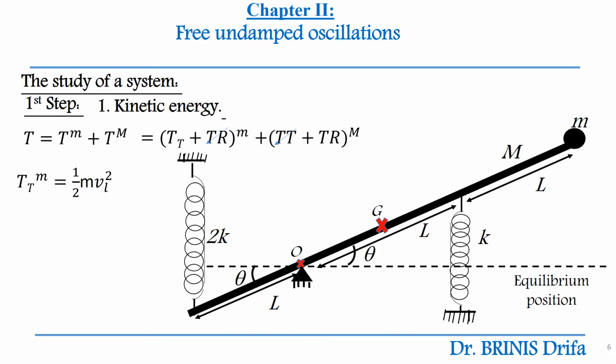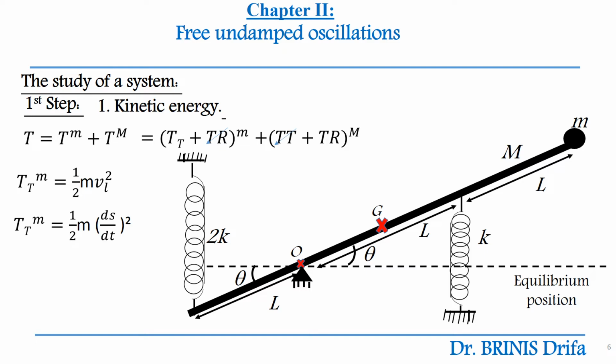Now, the translational kinetic energy of the small mass is equal to half m v square, velocity square, because it is translational, and the v is equal to the derivative of the curvilinear abscissa S over the time.